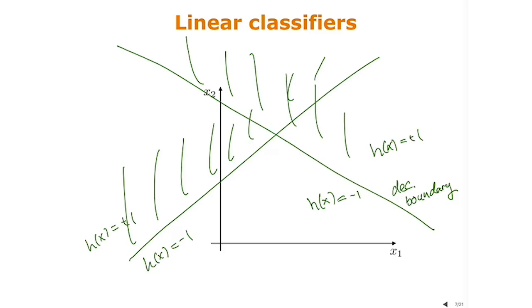And by drawing these lines in this 2D space, we get the set of linear classifiers over the plane. All right. So now we need to parameterize the linear classifiers so that we can effectively search for the right one given the training set. So let's see how we can index and parameterize these classifiers.